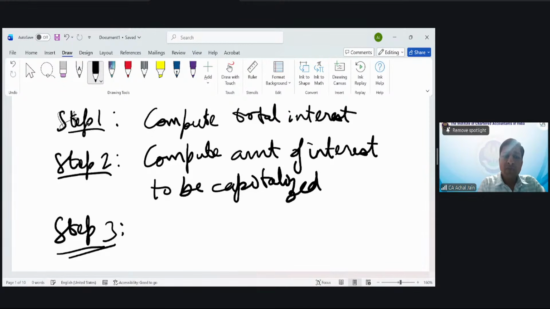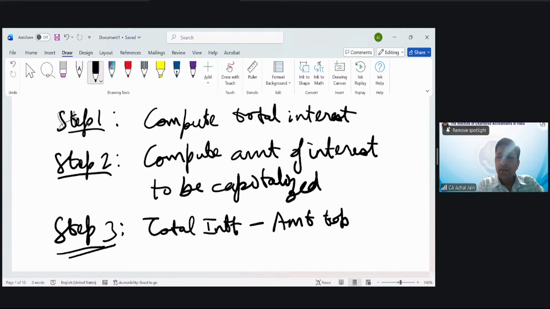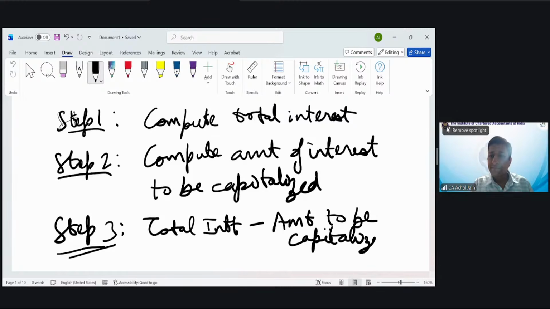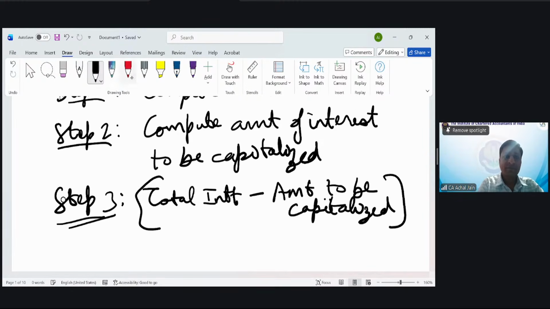Why? Because from the total interest, you need to reduce the amount to be capitalized. Now, whatever amount you get in step 3, this will go to P&L. So this you'll take to P&L.